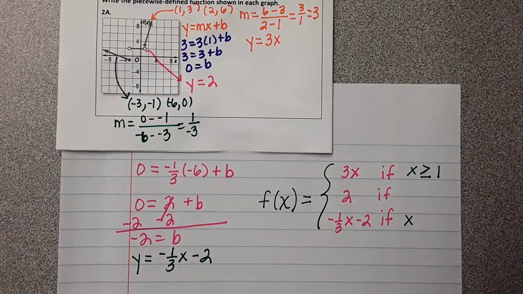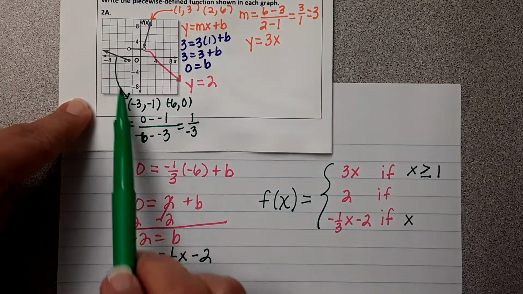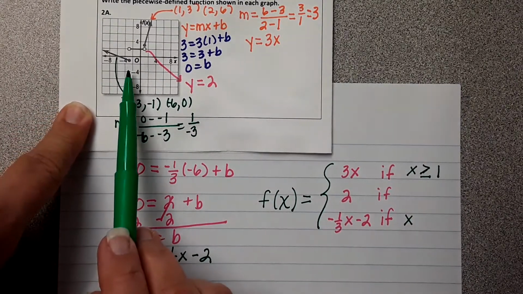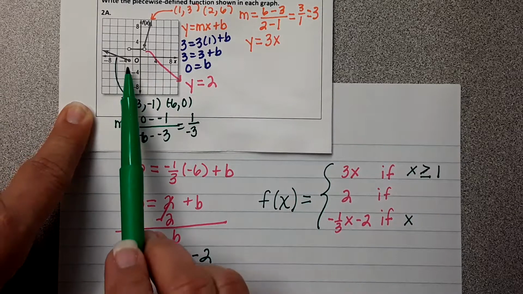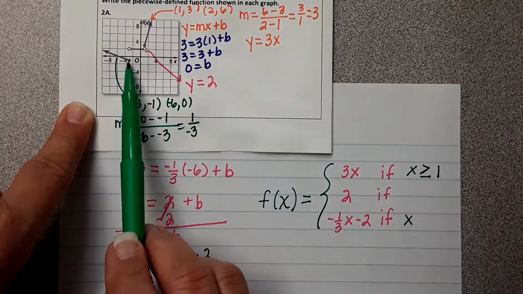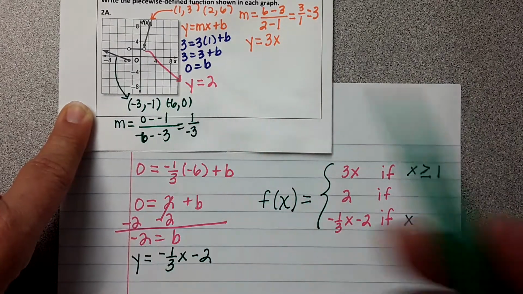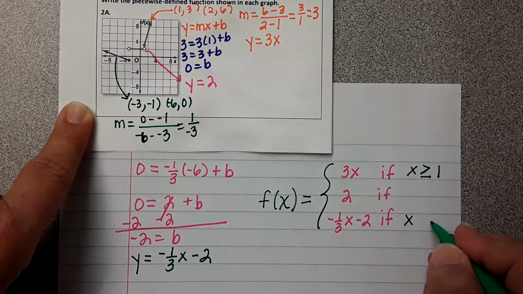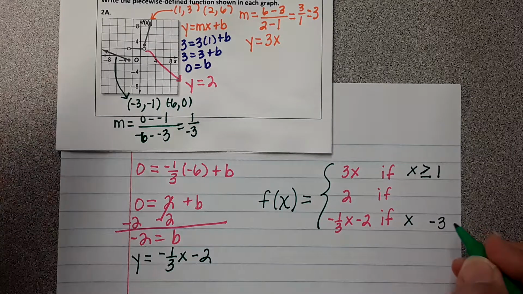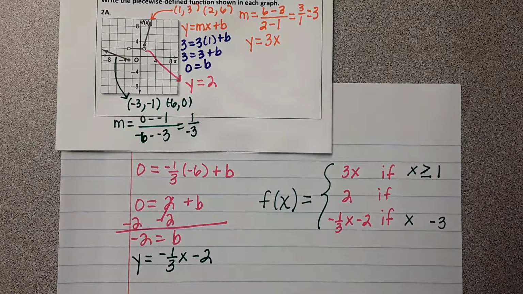Okay, we're going to go to this last line, the line that we did in green. What's the first x value we have? (-3, 1). So we're going to start with -3. We don't worry about the y's. We're only worried about the x values.